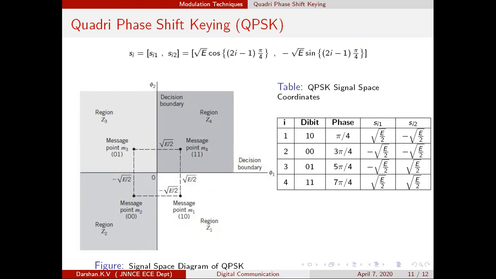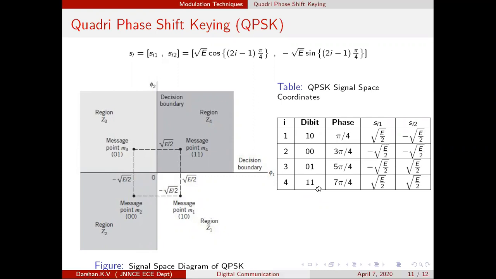Another important thing to be noted here is how the dibits are being assigned from one dibit to another. From 10 to 00, there is only 1 bit difference. From 00 to 01, there is 1 bit difference. From 00 to 11, there is 1 bit difference. For every consecutive pair, there is 1 bit difference.